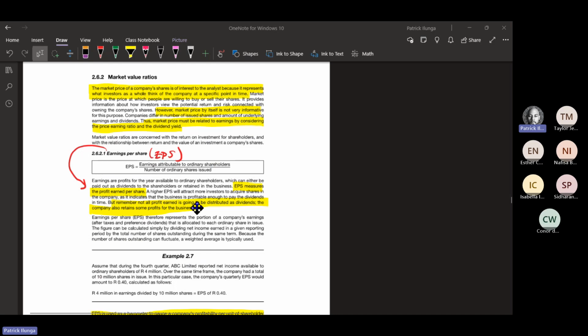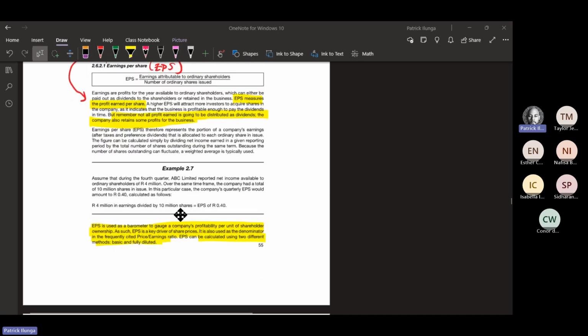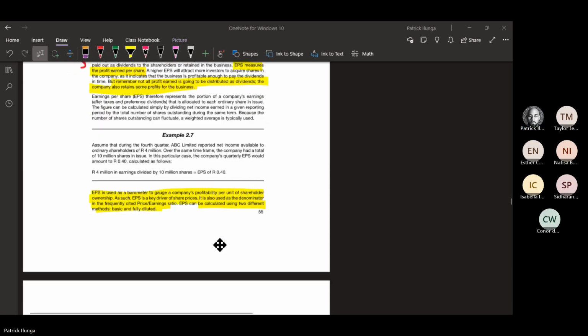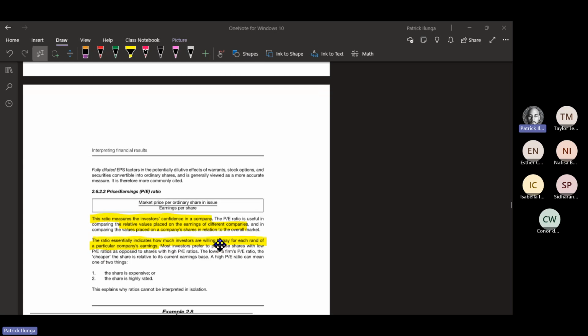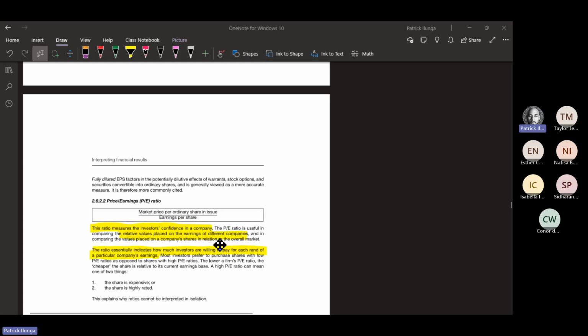A quick example, you will have 10 million shares that have been issued, and we are making 4 million rand in net income. Do you see it? So then we would divide the 4 million by 10 million. Gives us 0.4. 0.4 rand per share. Is that clear?